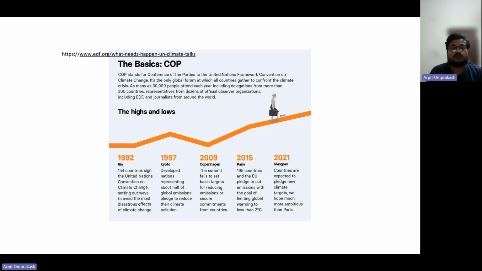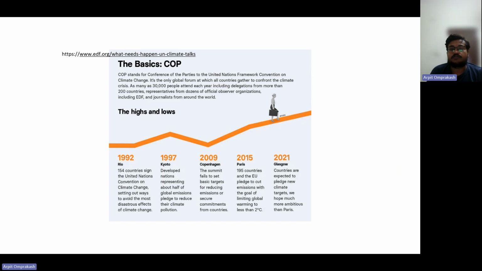Right. So there have been a lot of these COP meetings and climate talks, and there have been quite a few highs and quite a few lows. For example, in Kyoto, developed nations that represent about half of global emissions pledged to reduce their climate pollution.